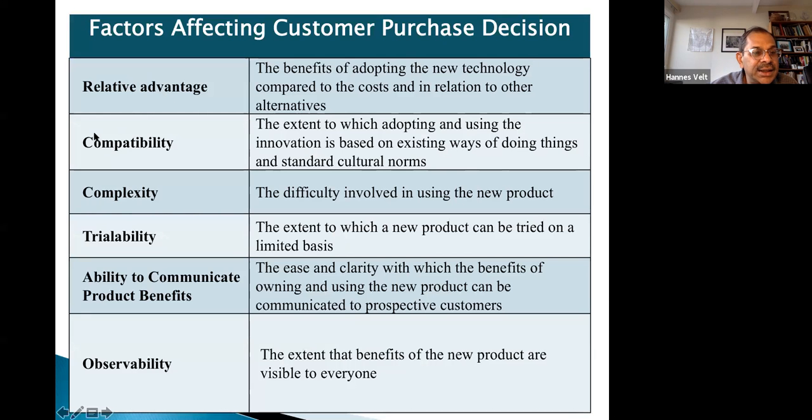Okay, this is another important framework. You may or may not have come across it in previous courses, but this tells you that at the level of adoption and diffusion of a new technology product or an innovation, what are the design factors that most affect whether something will get quickly adopted and diffuse across a population?